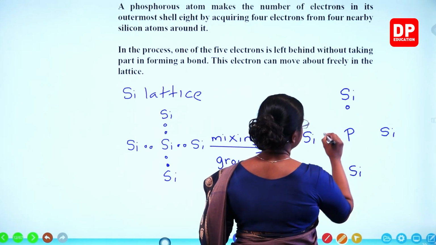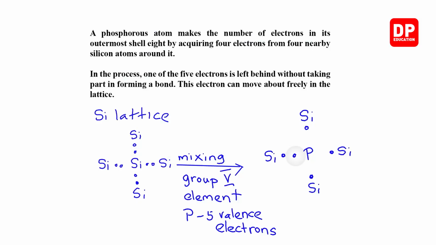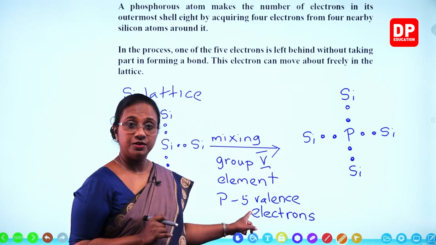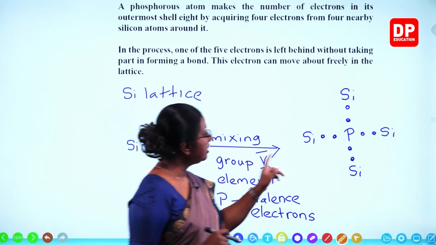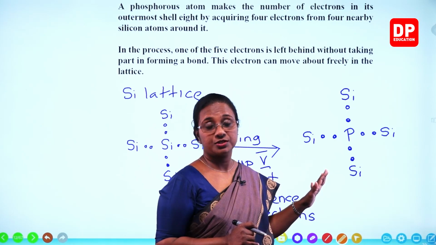Now, here the silicon atom has 4 electrons. Because of that, it can form 4 bonds with phosphorus. But now phosphorus belongs to group 5, so there should be 5 valence electrons. Only 4 of those electrons are involved in forming bonds.